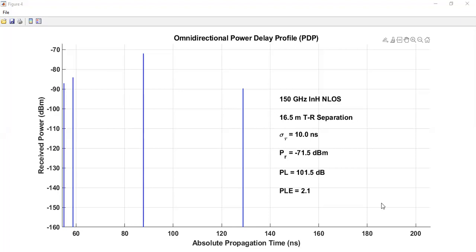But I can see PLE here, an estimated path loss exponent. And here you have the sigma or the delay spread. So this figure gives us better values.